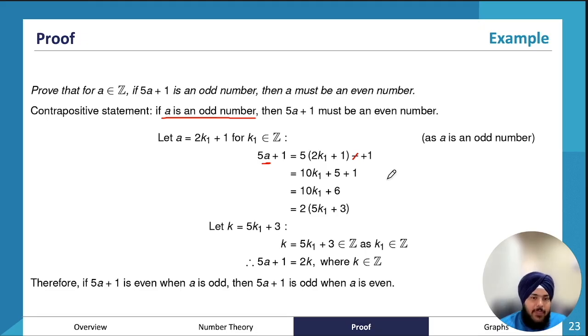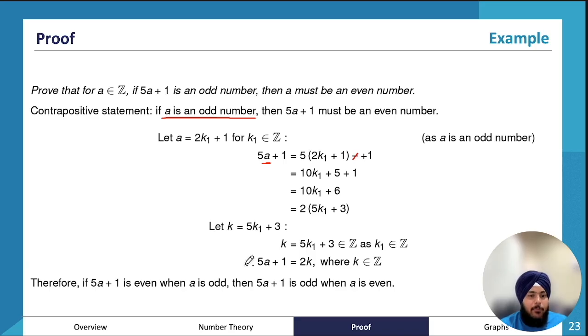We simplify that and let k equal 5k1 plus 3. We know that will be an integer because we're only dealing with integers, as k1 is an integer. So 5A plus 1 is equal to 2k, where k is an integer.